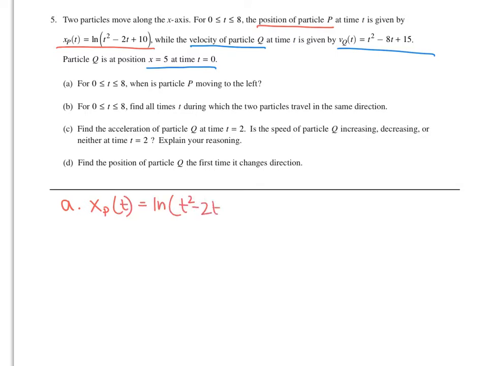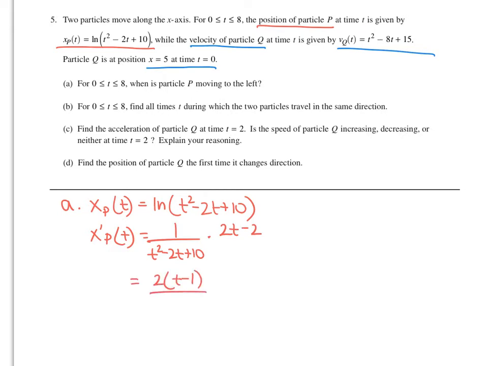Okay, so what we have to do is find our first derivative here. So x prime is going to equal 1 over the argument times the derivative of the inside, so there you're using chain rule.